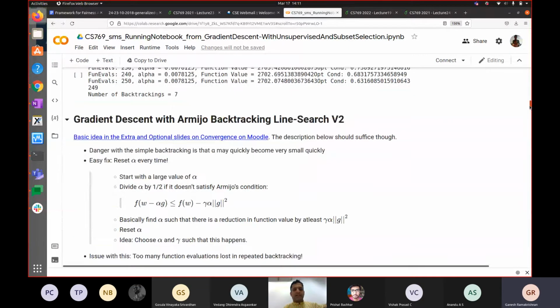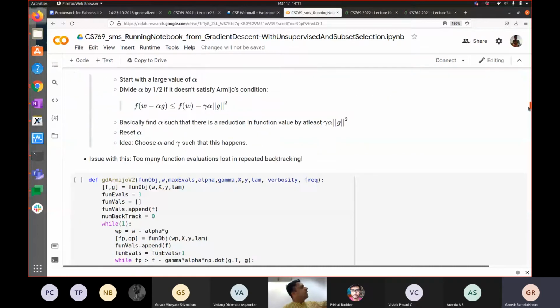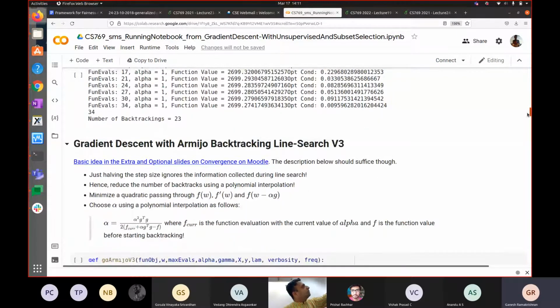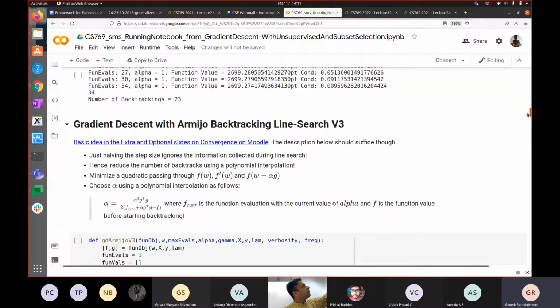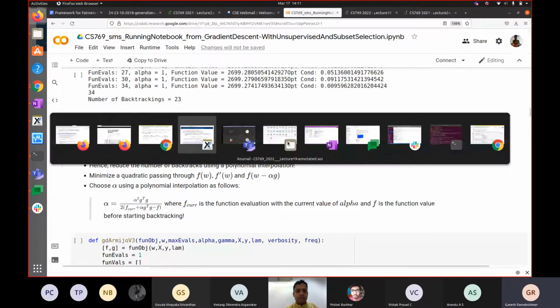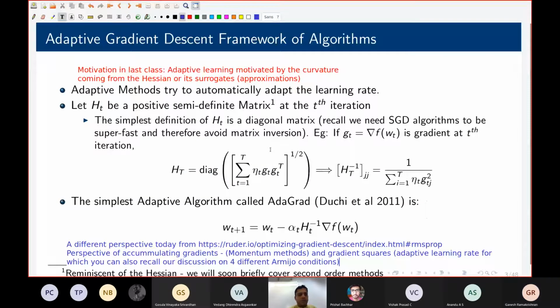I talked about backtracking, line search, and so on. In one of those discussions, the version 3, we were also trying to do some interpolation using a polynomial interpolation. You remember? So whenever you see gradient squares, there's some kind of learning rate adaptation based on some interpolation. So we had seen one motivation. That's not the only one, but the other motivation that has come today is from the perspective of Hessians. We'll continue on this discussion.